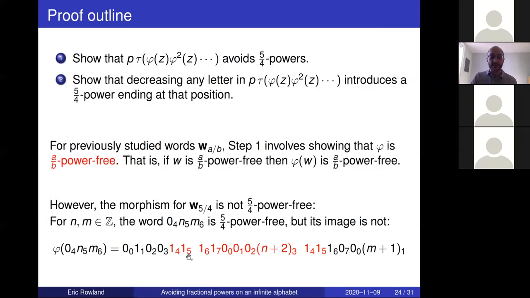So the last letter is going to be 1 sub 5. The image of n sub 5 is this, and the image of m sub 6 is this. And so since we have this 1, 4, 1, 5 in both places, this is a 5/4 power of length 10.